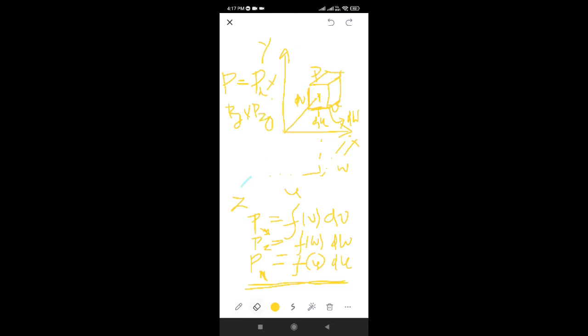Now I am erasing this diagram. So again I am writing this total probability here. What is the total probability that a molecule selected randomly will have x component of velocity in between u to u plus du, y component of velocity in between v and v plus dv, and the z component of velocity in between w and w plus dw?